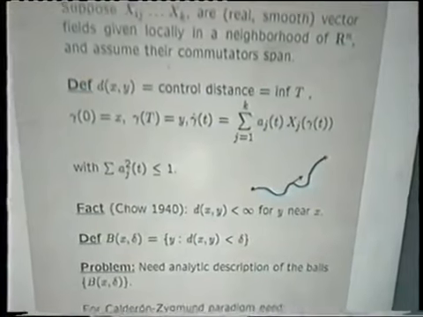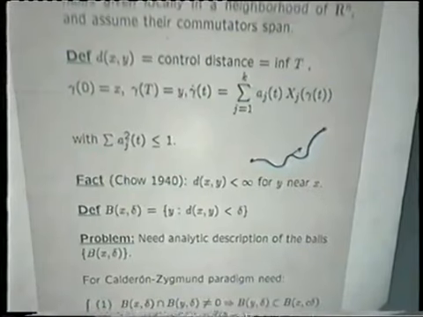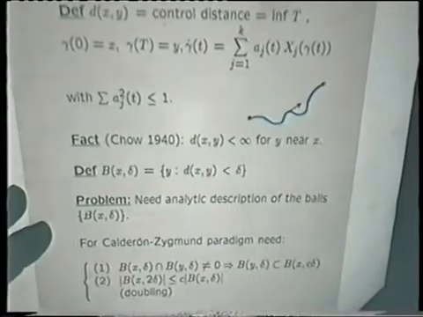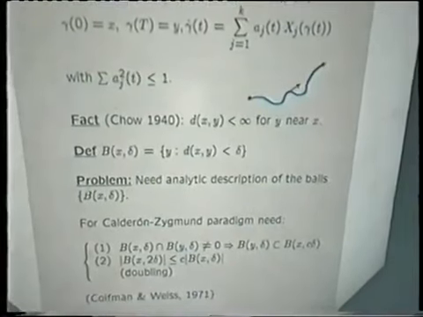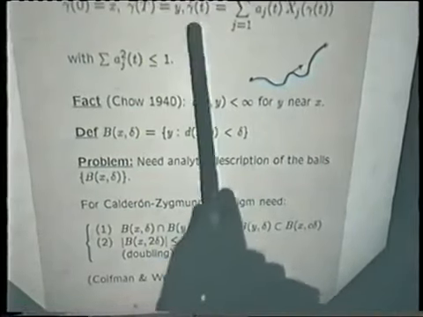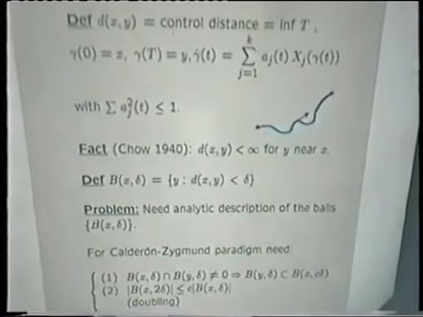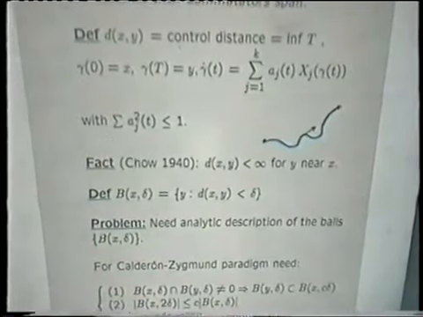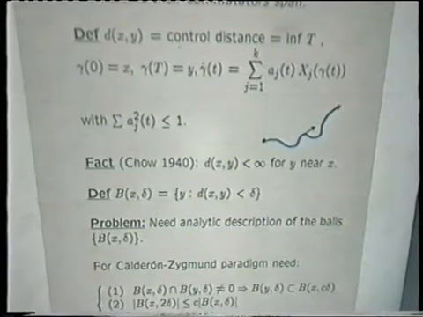Now, then we define the distance between two points as follows. What we do is we try to go from point x to point y along a curve whose tangents always lie along those given vector fields, with coefficients normalized such that the sum of the squares is less than or equal to 1.